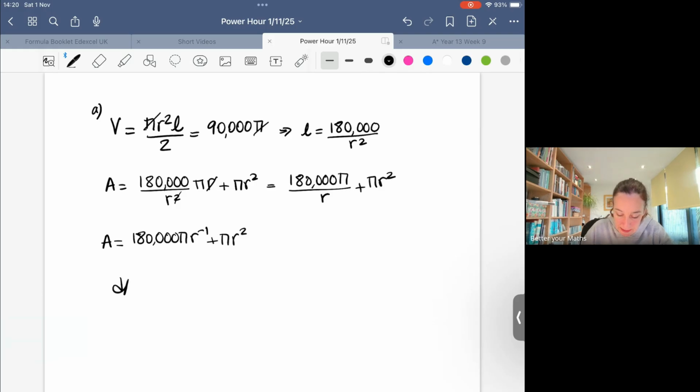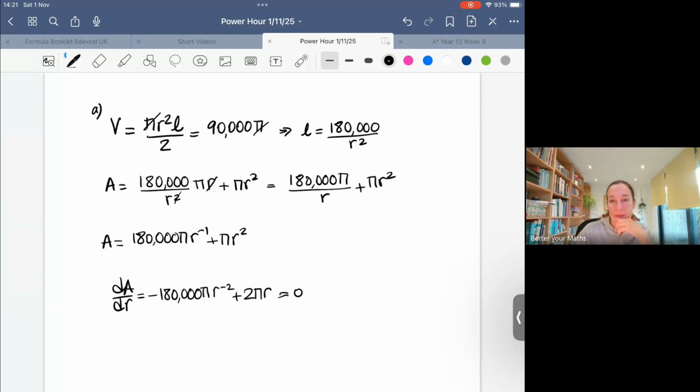When we differentiate, dA by dr, and I'm differentiating with respect to r because this is my only parameter, I have minus 1 multiplied by the number pi and r to 1 less, and then I have 2 pi r. This is going to be equal to 0. And solving this equation is how I'm going to find my value of r.